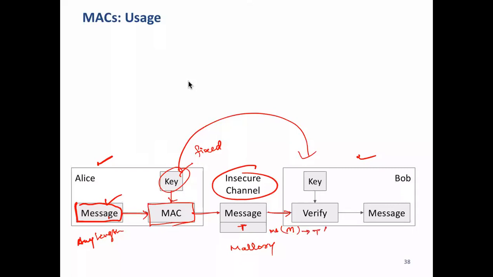If this T dash matches with the T received, then everything is okay. What does it mean? It means that the message has not been tampered with and has come from Alice. Why has it come from Alice? Because only Alice has this key apart from Bob.